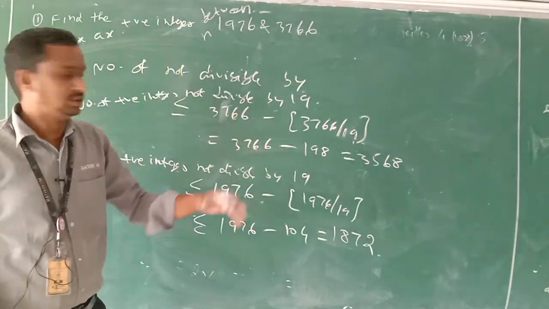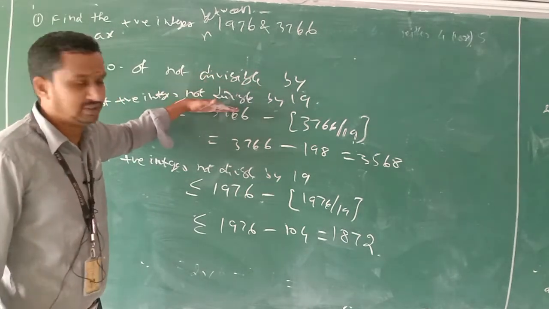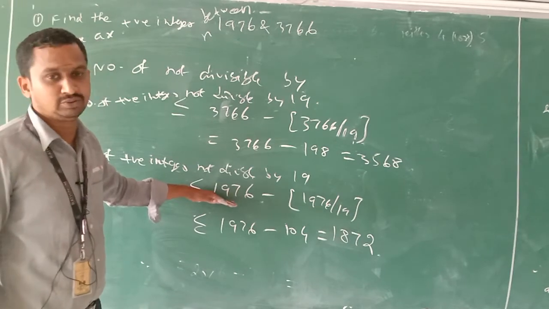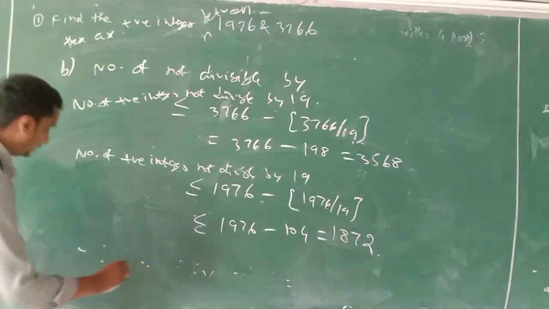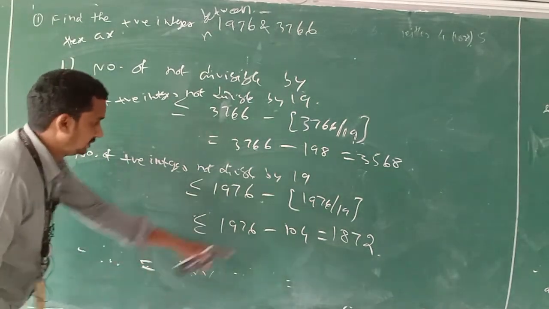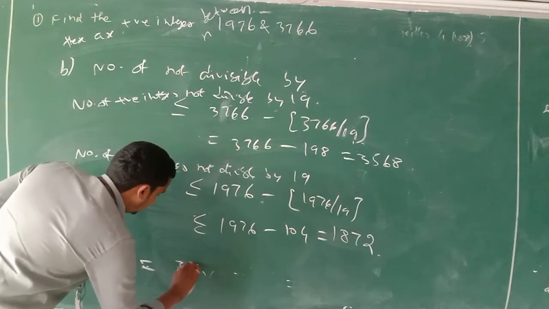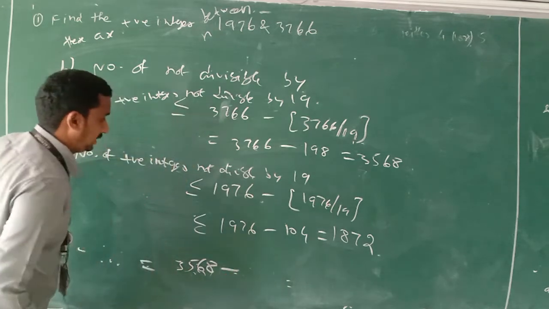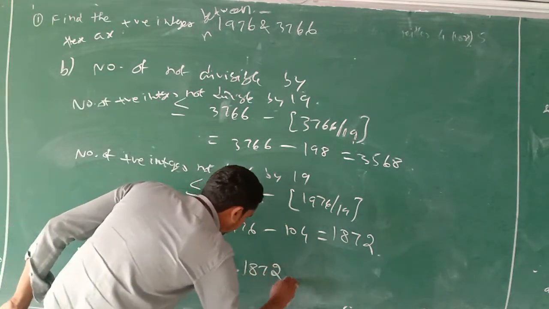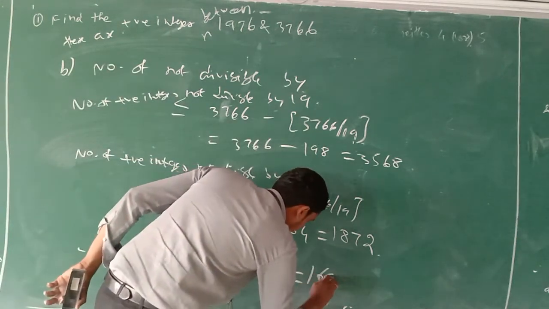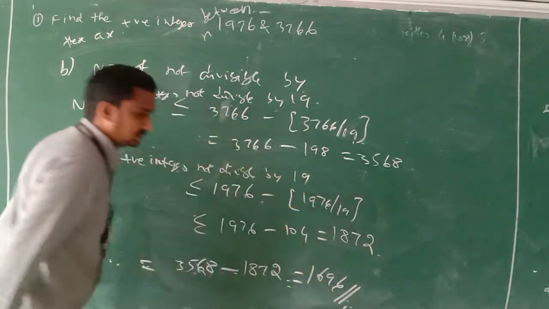Between these two ranges, subtracting: 3568 minus 1872, we get the answer 1696. Okay.